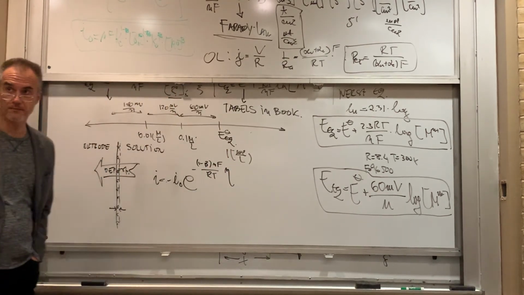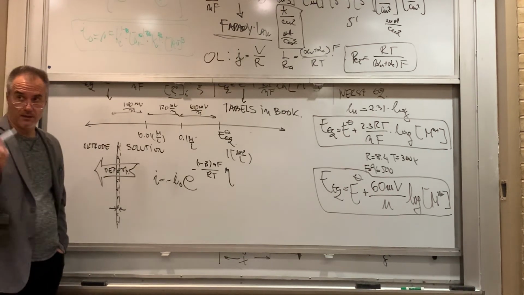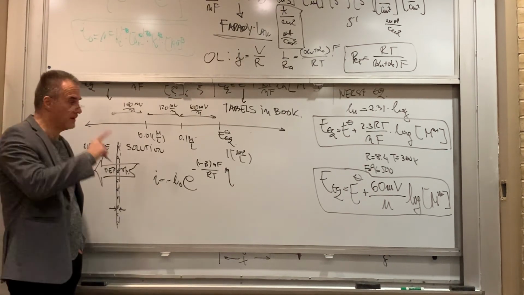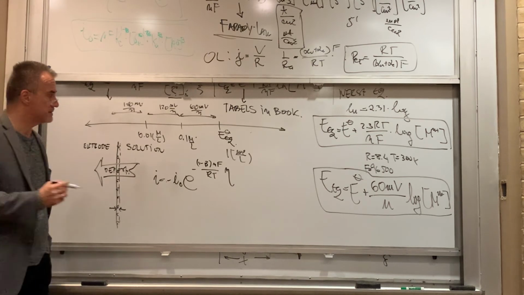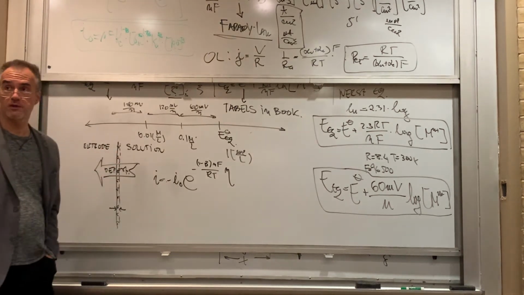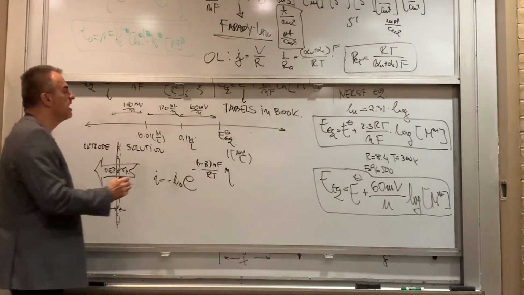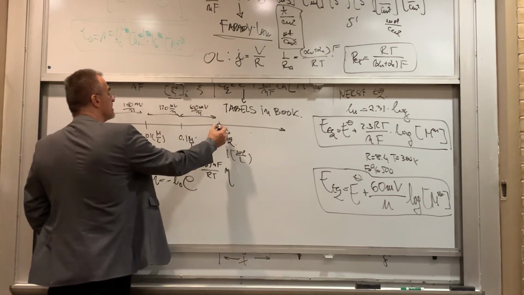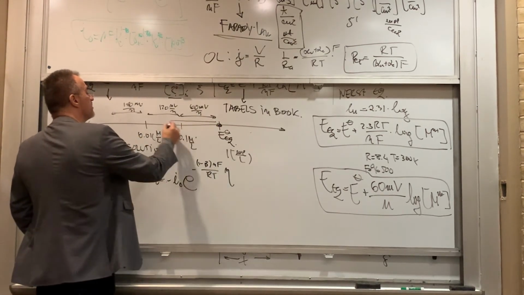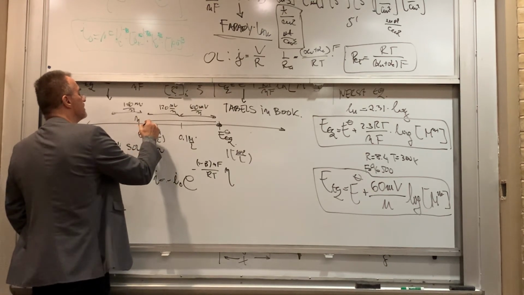Overpotential. Let's say, I'm just trying to explain to you what happens. With respect to the equilibrium, when we didn't have any net rate, my equilibrium potential was here, and I applied overpotential eta here, right?